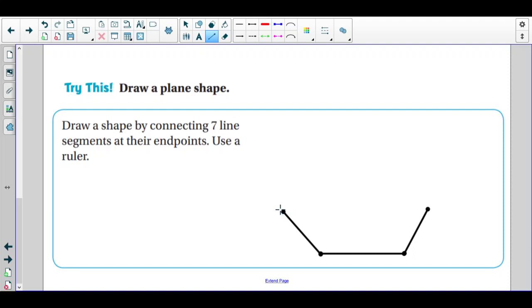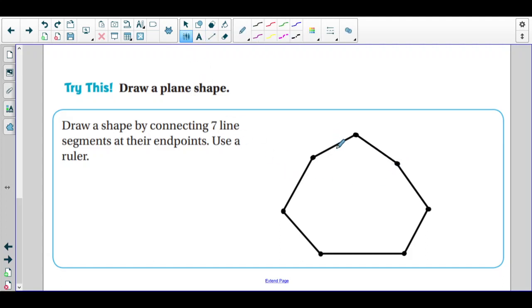And then up to here. To here. And then one more from there to there. Oh my goodness. 1, 2, 3, 4, 5, 6, 7.